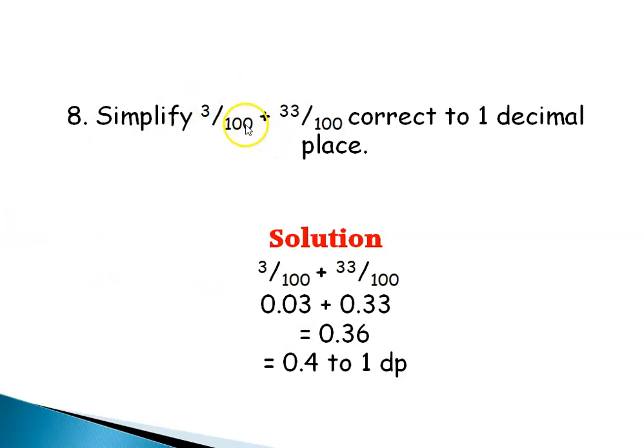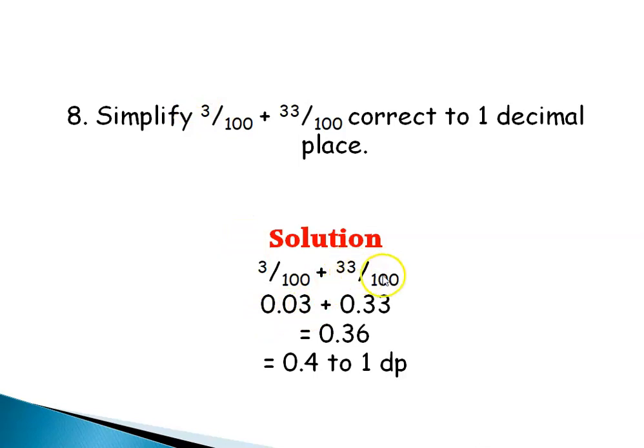Question 8. Simplify 3/100 plus 33/100 correct to 1 decimal place. So what I need to do is to change this to decimal. So if I say 3 divided by 100, that means I'm moving my decimal point 2 places to the left, and that will give me 0.03.